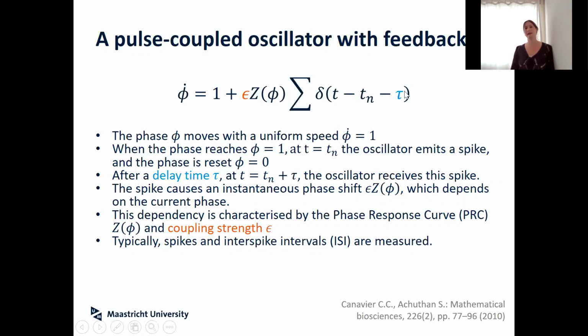Then a delay time tau later, the oscillator receives its delayed feedback, and depending on the phase phi at that moment, there is a phase shift depending on epsilon, the coupling strength, and the PRC Z of phi.